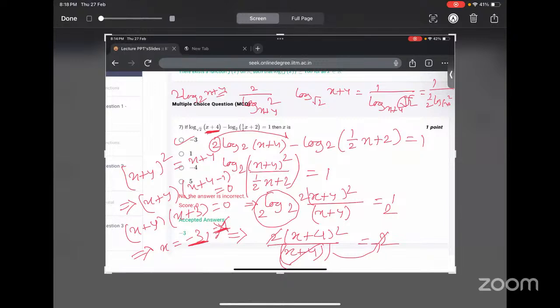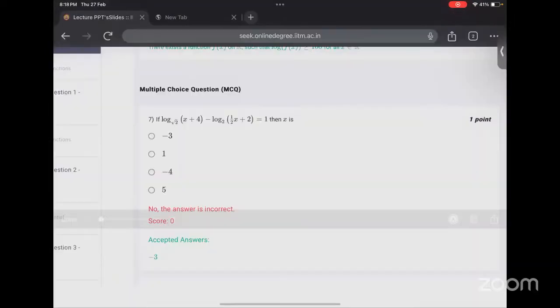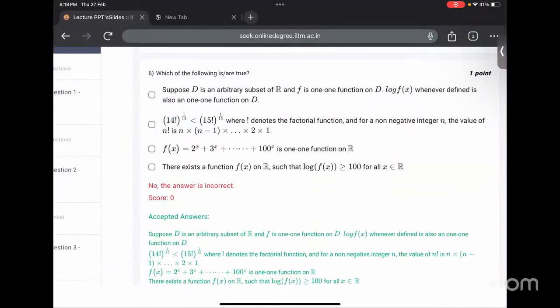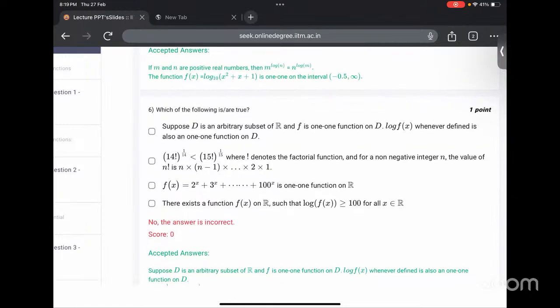Okay. So if you don't have any doubt, we can move to the next question. What about this question? Let us do it one by one. So what about the first option? Whether it will be 1-1 or not?